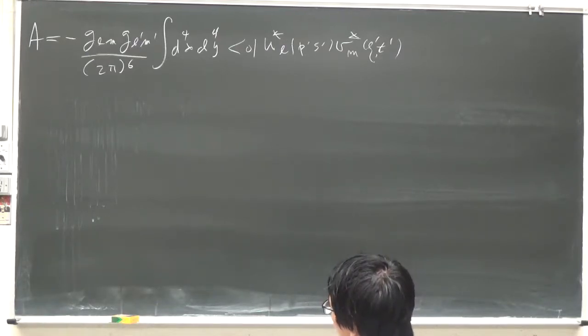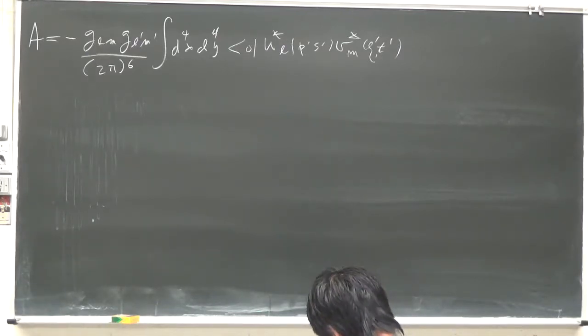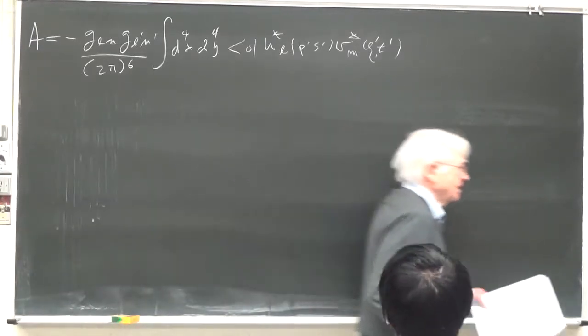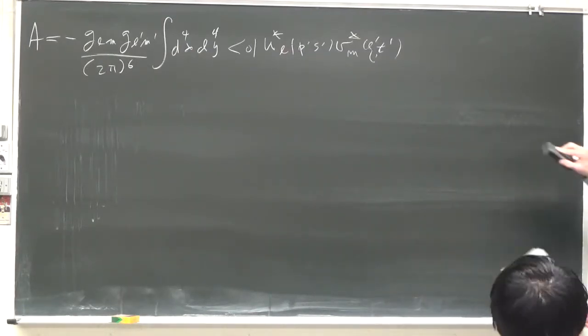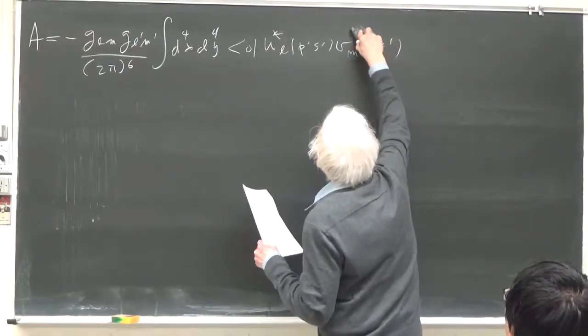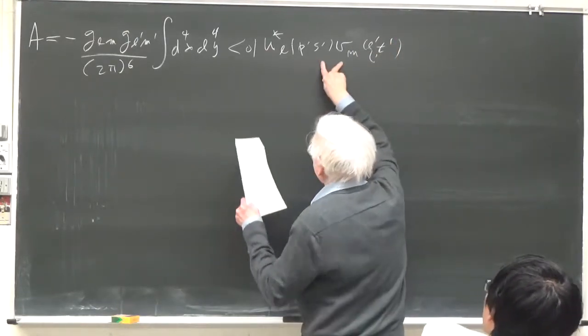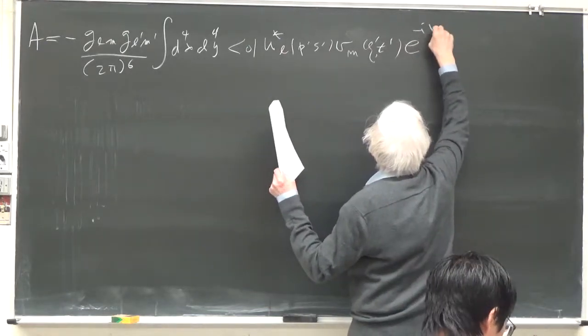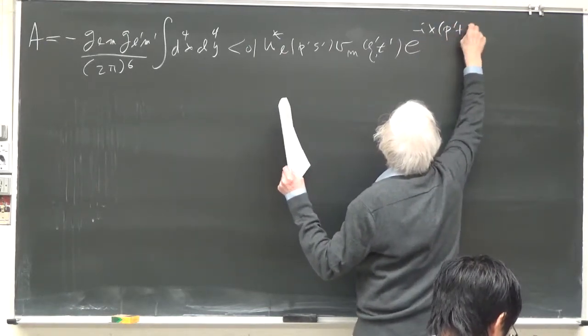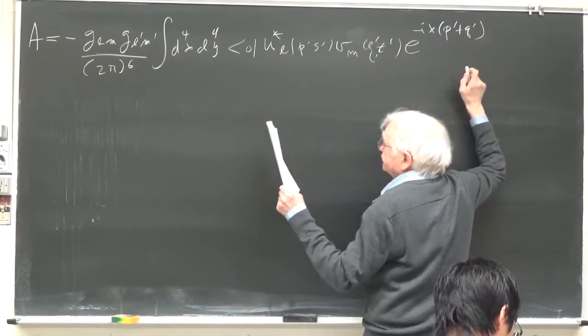Okay, so I've got a couple of typos here. The outgoing should be a V here, so this is not V star, but this is V. And these were both added in at X. And so we get the factor e to the minus i x p prime plus q prime.